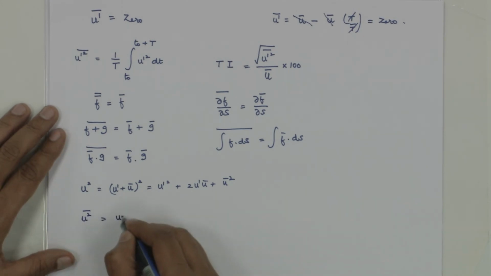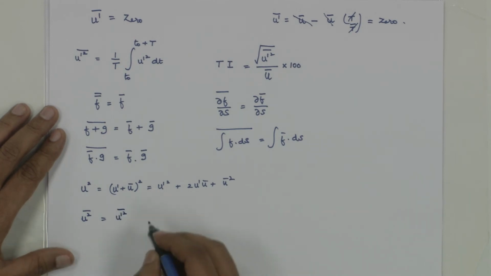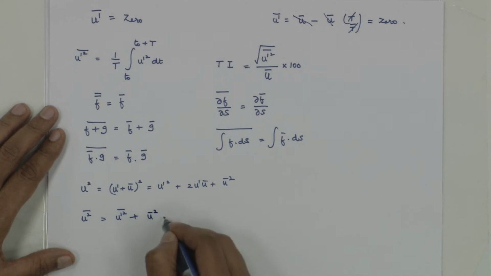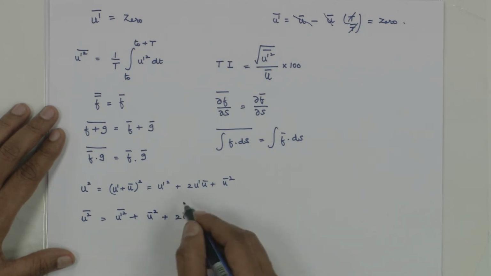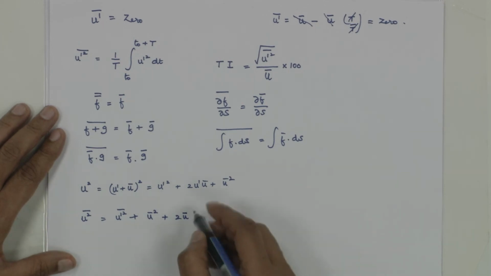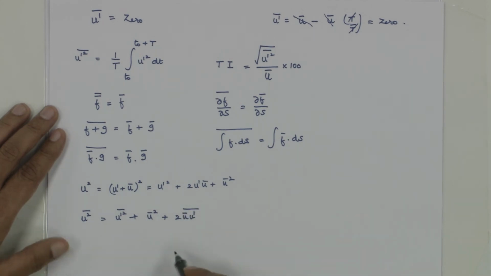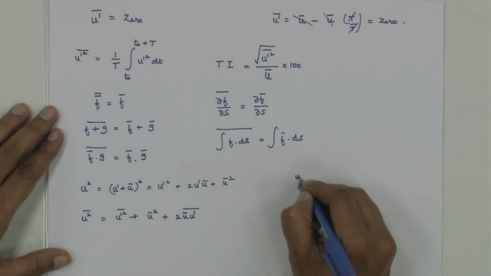You will get u prime squared bar plus u bar squared plus 2 u bar, which is common, you will take out. But if you time average u prime, you can write this as u bar u prime. But what will happen to this u bar u prime?